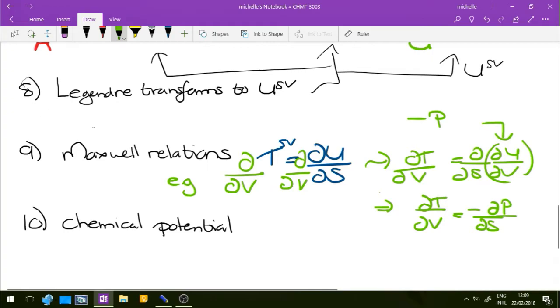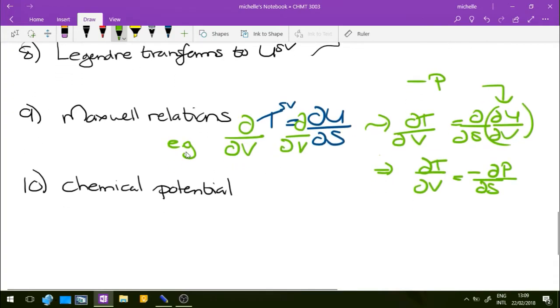So what do we have here? T was a function of S and V, and P here is also a function of S and V. So in essence, we're still keeping the same independent variables, the canonical variables, but sometimes you can use Maxwell relations where you differentiate both sides and use the concept of exactness to swap things around. Why? Because you want new identities, which can help you manipulate your functions in case you don't have a dT by dV, or in case you don't have a dP by dS.